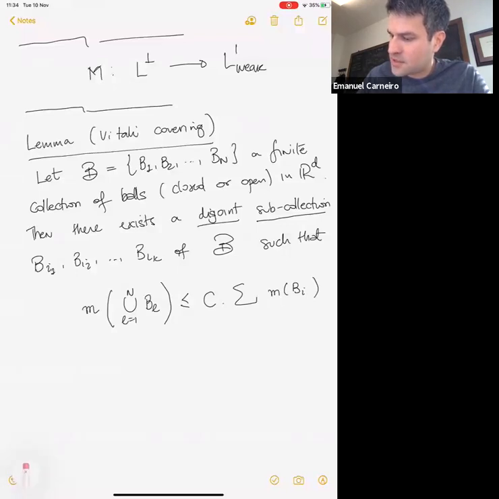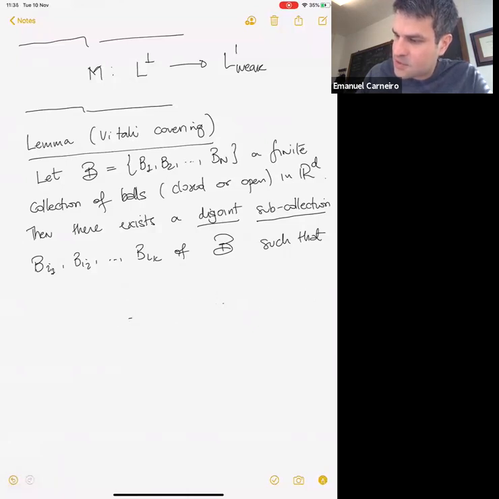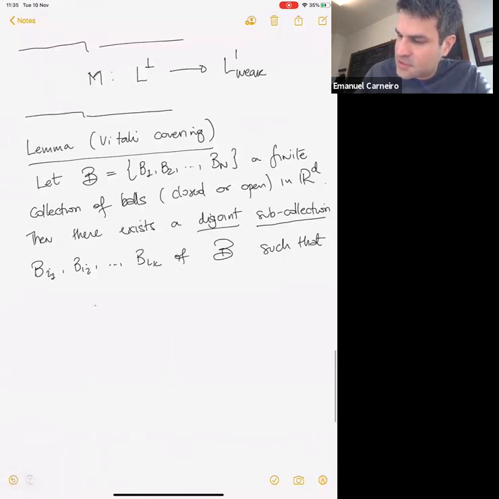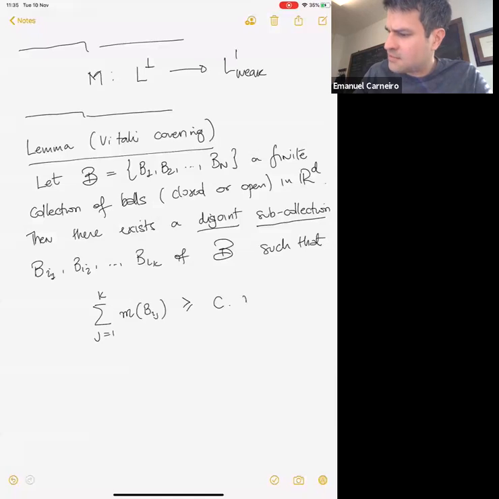Maybe I should write it like this: the sum of the measures of these B_ij, j from 1 to k, is bigger or equal than a certain universal constant times the measure of the union of all the balls.